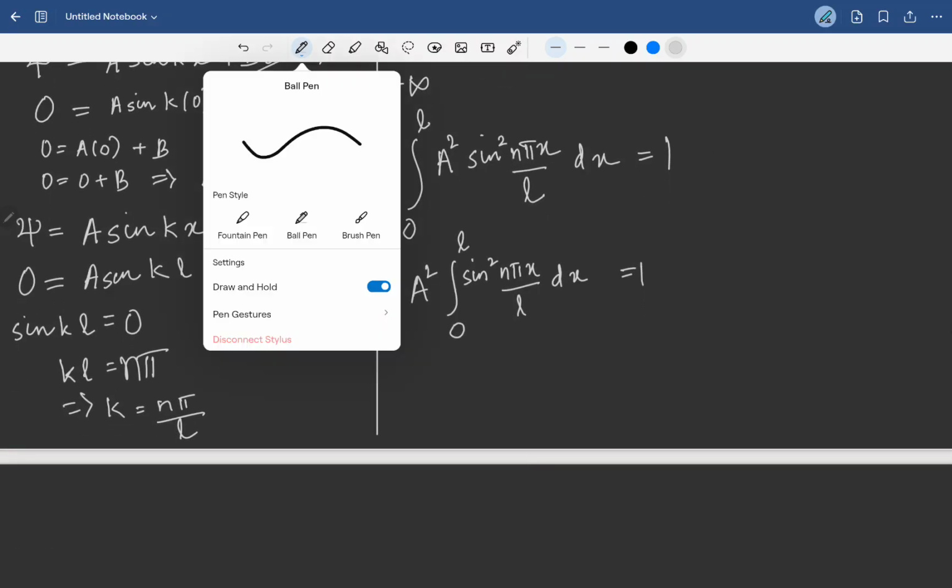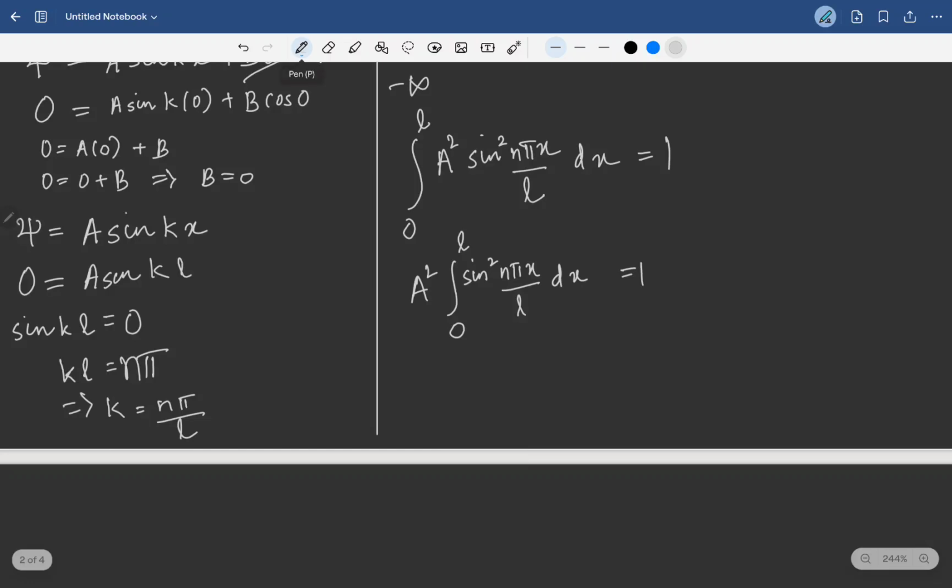Now another trick: how can we integrate sine squared theta?